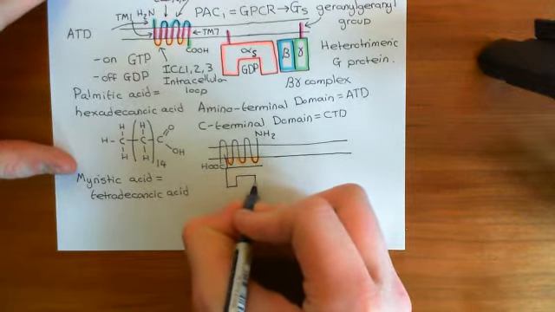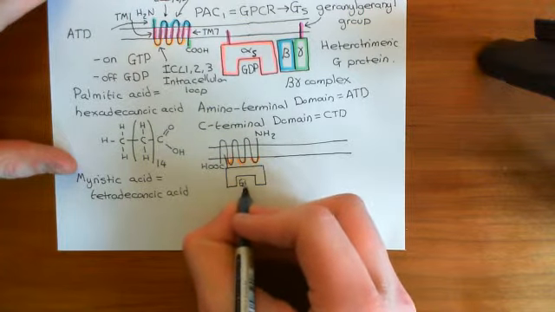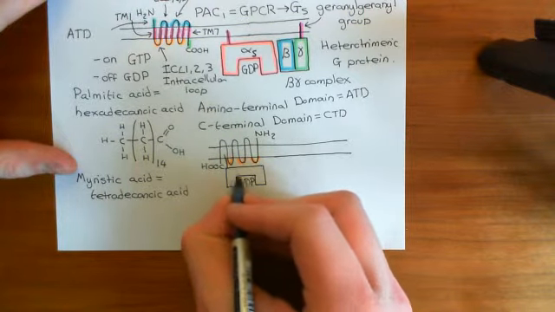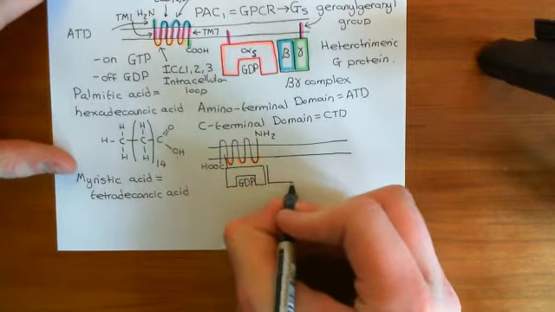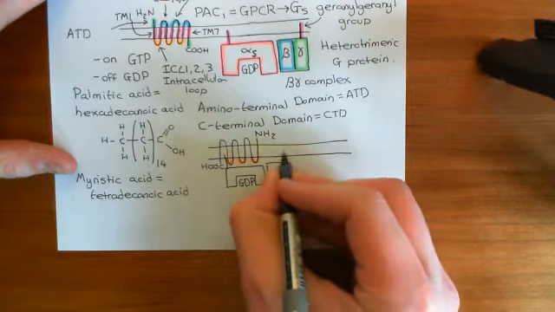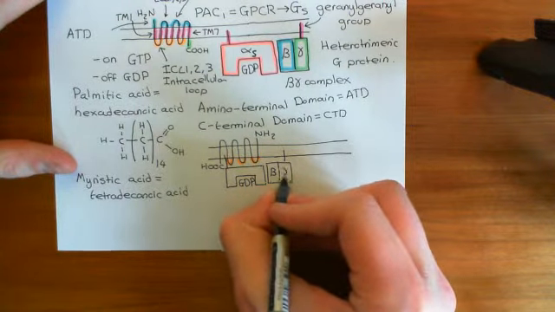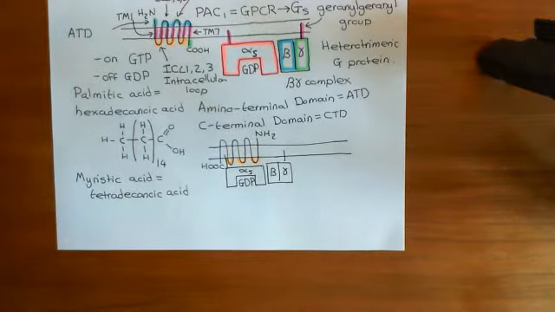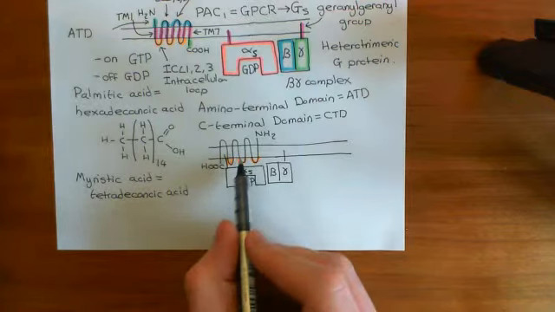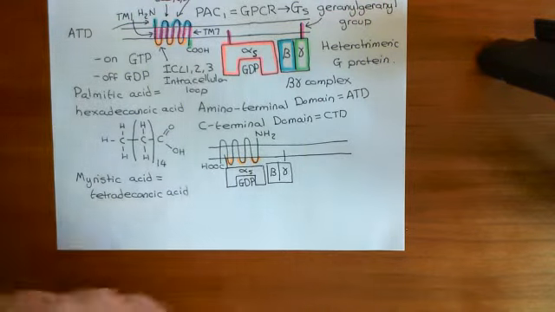It must be associated with a beta and gamma subunit in order to be able to bind to the intracellular loops. The beta-gamma complex doesn't actually bind itself to the G protein coupled receptor, but without the beta-gamma complex bound to the alpha subunit, which in this case is an alpha S subunit, the alpha subunit can't bind to the intracellular loops of the receptor.